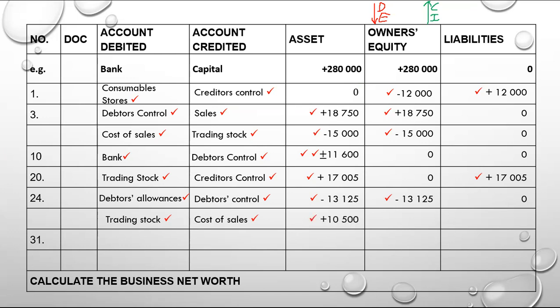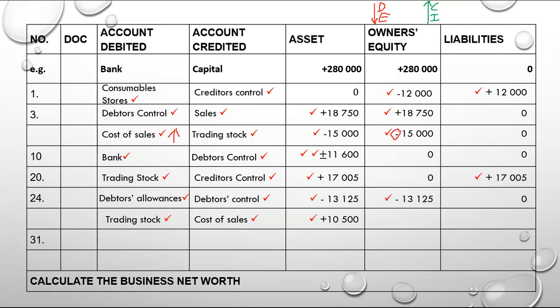And cost of sales, it's a reduction of your expense because normally your expense goes up on the debit side. So remember, when an expense goes up, here, it'll be debited. Expense goes up. What happens to owner's equity?